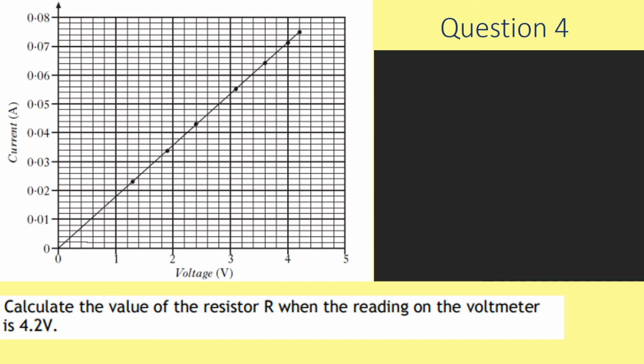So the first step in every calculation question is write down what you know. We know that V is equal to 4.2 volts. We then need to use the graph to determine the value of the current. So we can see from the voltage scale we have 5 divisions per volt, which means each division is 0.2 volts. So here is 4, 4.2 is here.